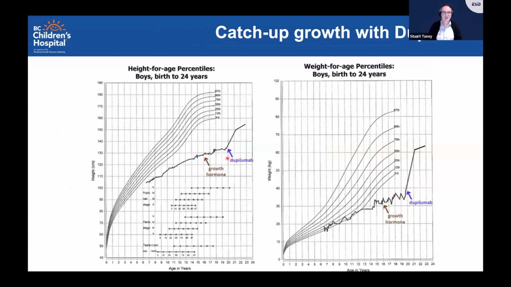And then this young man started on dupilumab around his 19th birthday. And we see a profound acceleration in his growth and his weight, moving into and towards the normal range. And this reflected a huge improvement in his general well-being.